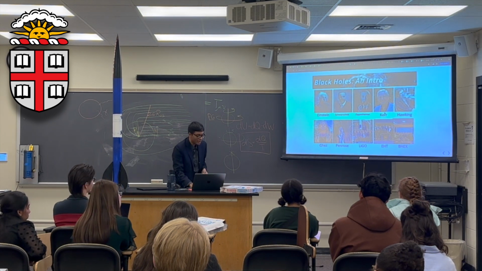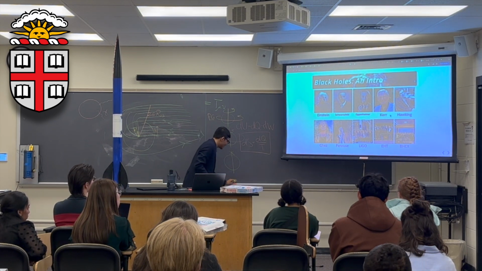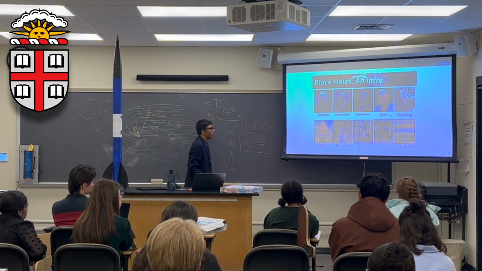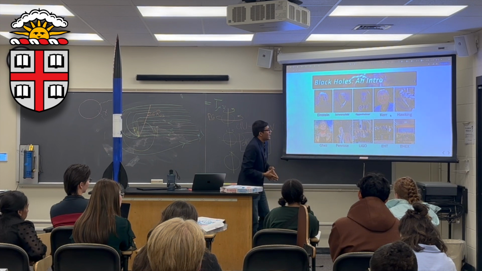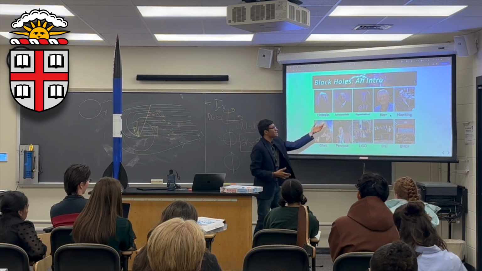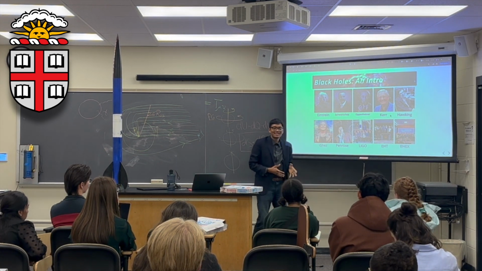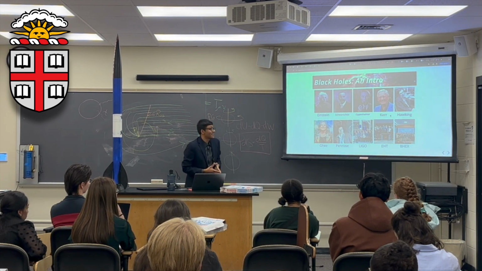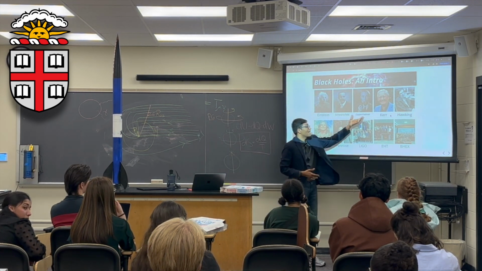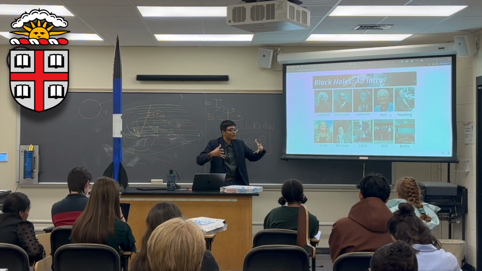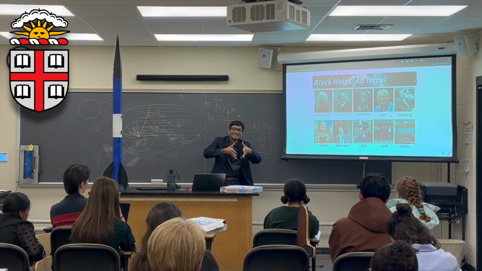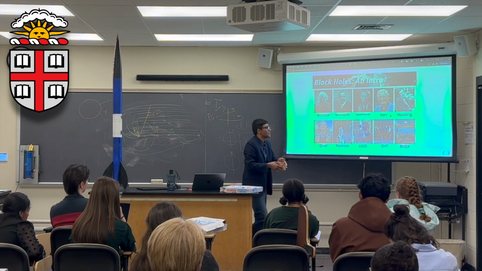Let's keep going. Okay, so to summarize this brief history of black holes, we started in 1915 with Einstein, and Schwarzschild discovered the first solution to Einstein's field equations. Oppenheimer showed that for any object with sufficient mass, there's no known force that can stop it from collapsing to a singularity.